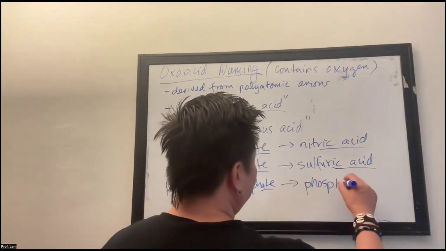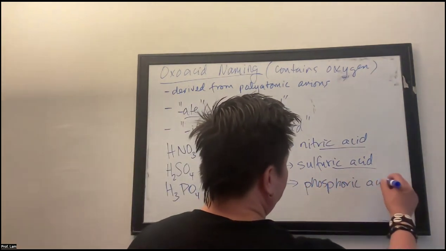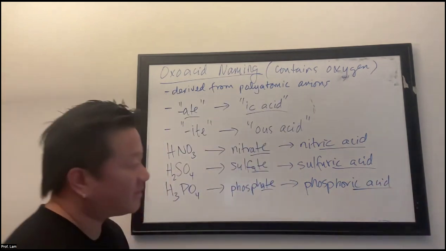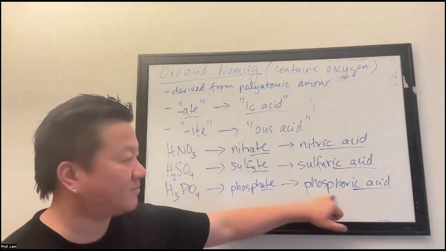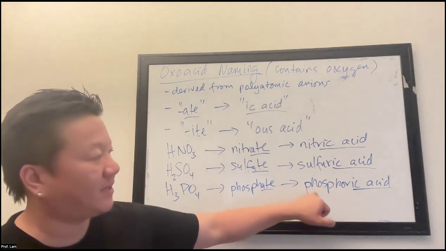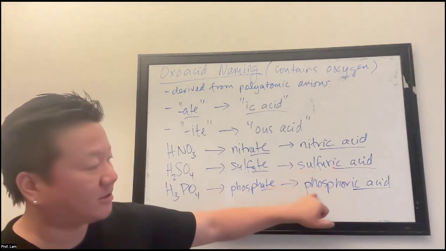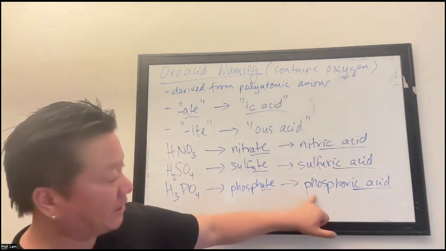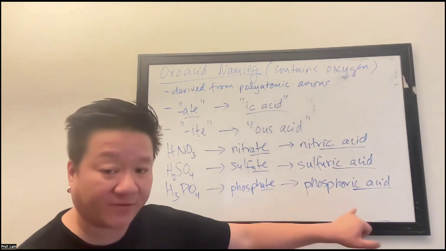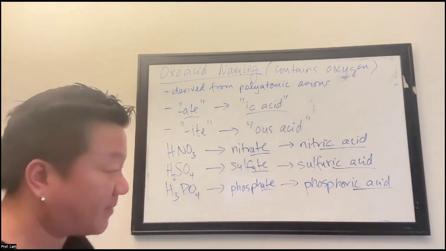So phosphate, phosphoric acid. This is another case where the element keeps most of its element name, just like in sulfur, sulfuric acid. So sulfuric acid and not sulfic acid. Here we have phosphoric acid and not phosphic acid. You just gotta remember that.